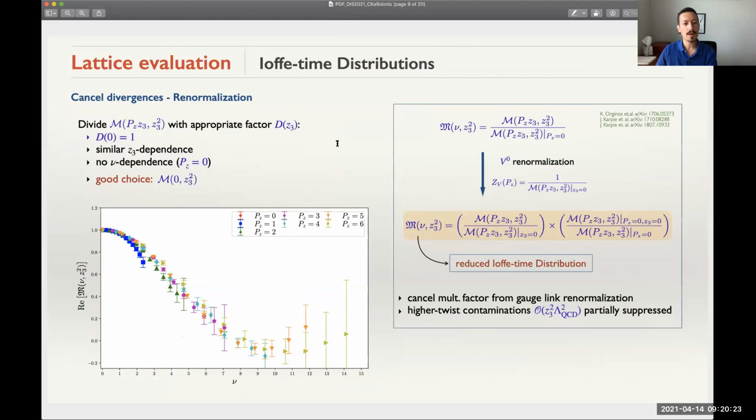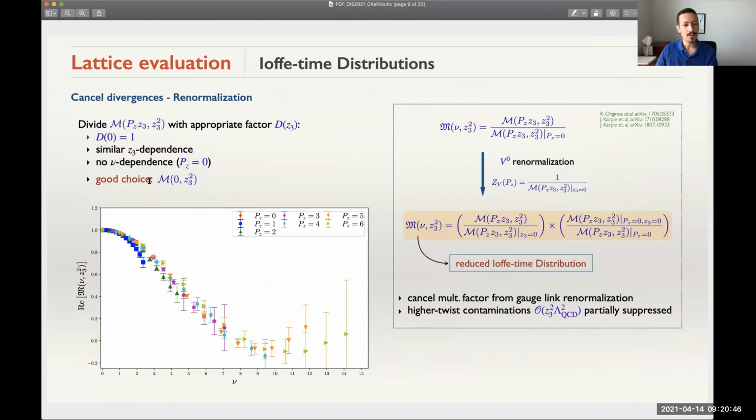All right, so after we obtain this matrix element, there have been some suggestions in a series of recent papers by the HadStruc collaboration that we need to divide those matrix elements by appropriate factors, which satisfy some conditions.